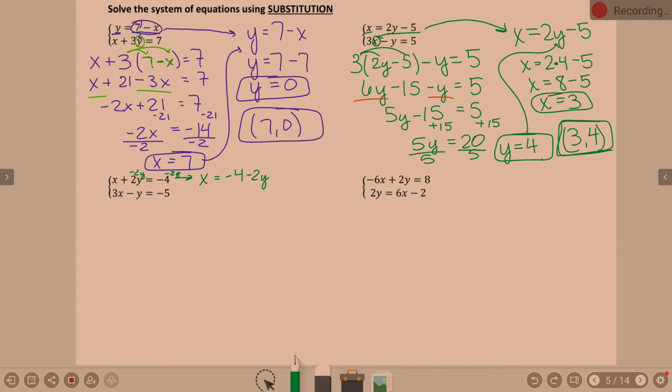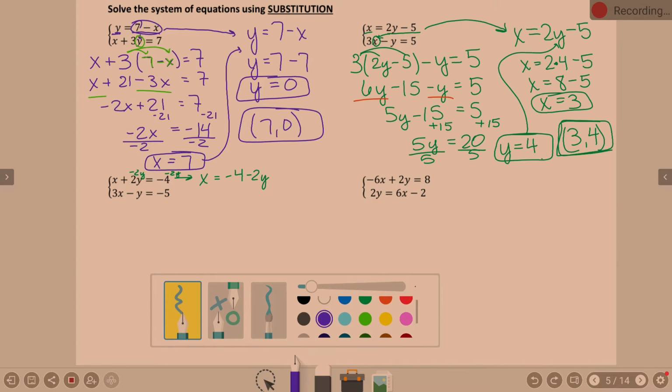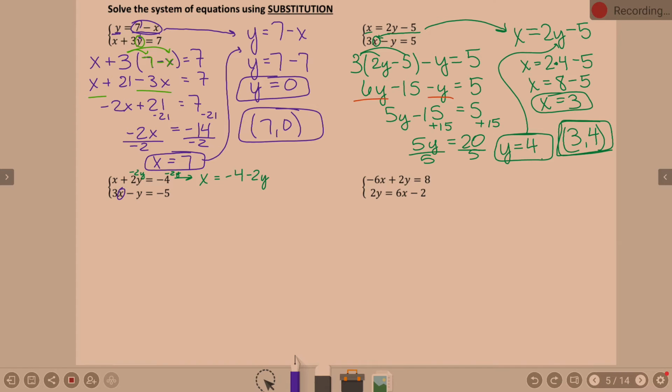If you prefer to say -2y minus 4, you can do that as well. Your choice. And then, every place we see an x in our other equation, we're going to replace it with -4 minus 2y.